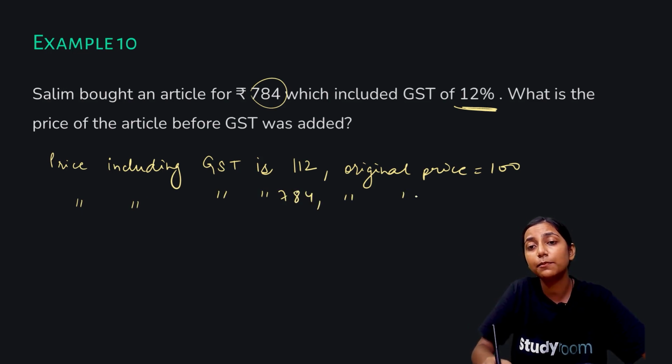At that time the original price will be, using the unitary method again, 100 divided by 112 into 784. What do you get?